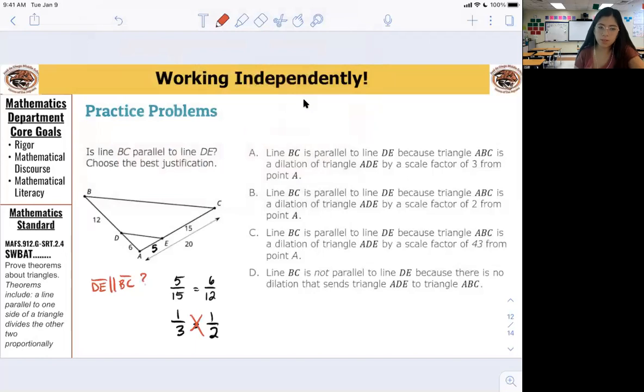No, they do not. So therefore, DE is not parallel to BC. That's our answer. So that's what it looks like. Sometimes it might not be parallel. So you always have to check, always got to make sure that those two answers are proportional or not.